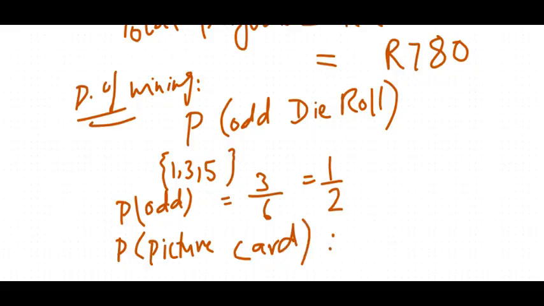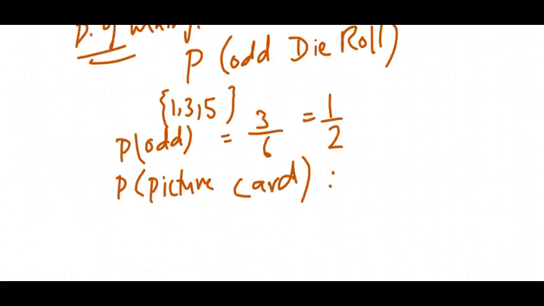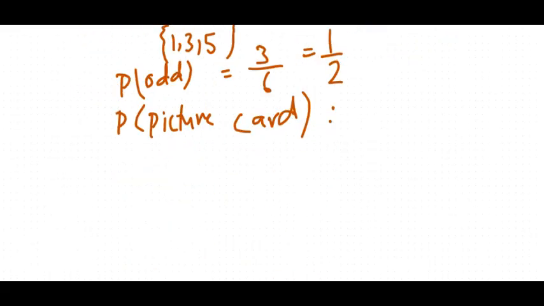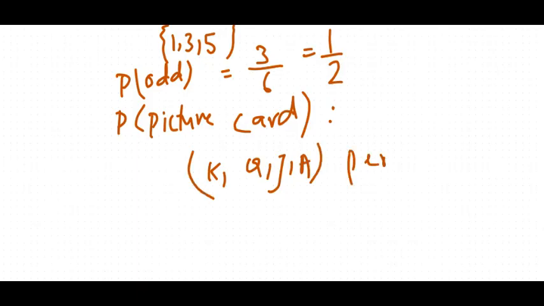For the picture card, there are 4 suits and 4 picture cards, which are K, Q, J, and A in each suit.